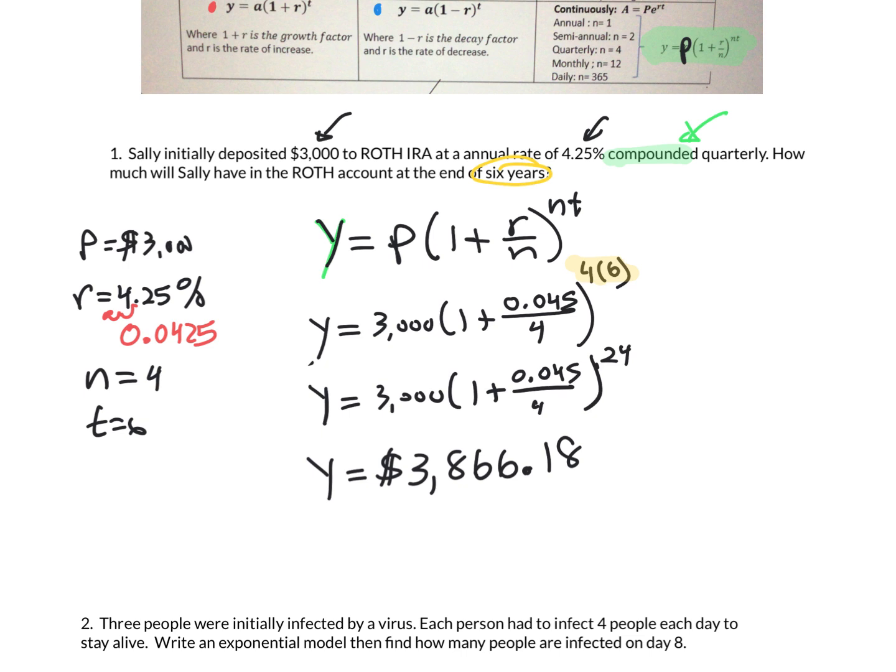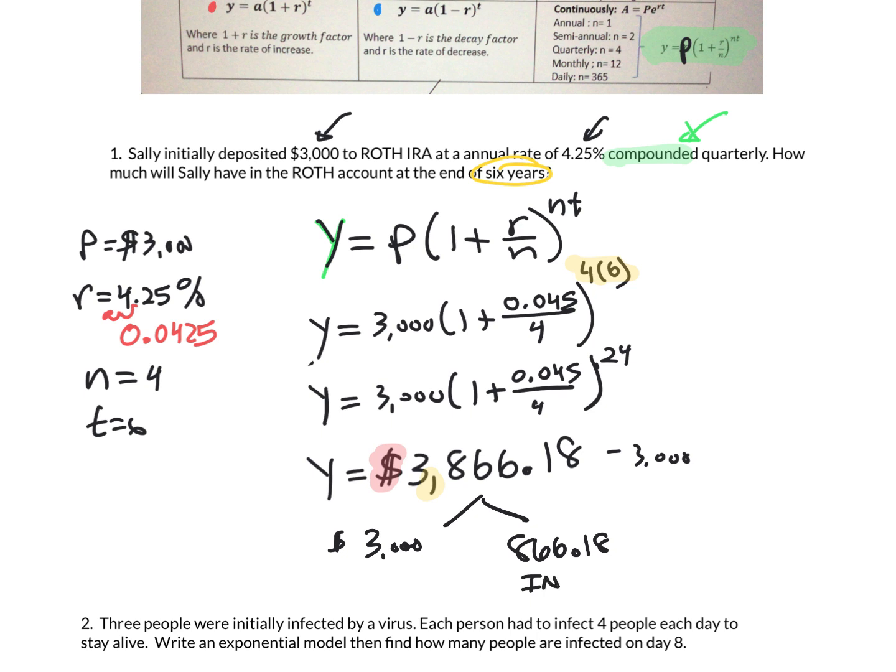You should always round to the nearest penny. You should always put a comma after the 3 digits, and you should always use a dollar sign when you're talking about money. So what happened in this story? Out of that, $3,000 was my own money, right? So if you subtract $3,000, obviously, what's left over is your earned interest.